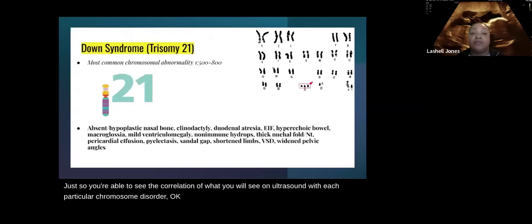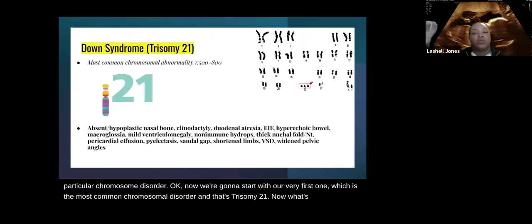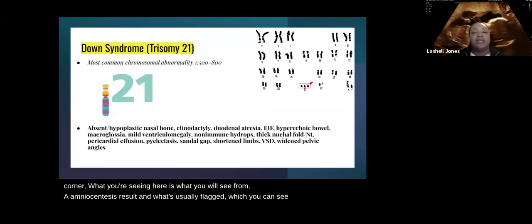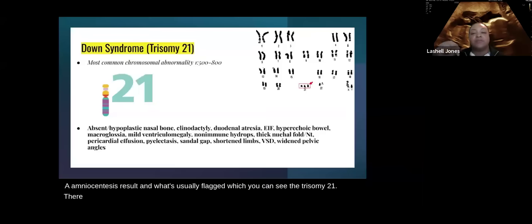Okay, now we're going to start with our very first one, which is the most common chromosomal disorder, and that's trisomy 21. Now, what you're seeing here in the corner is what you will see from an amniocentesis result, and what's usually flagged, which you can see the trisomy 21 there with the arrow. Okay, so I just wanted to point that out.